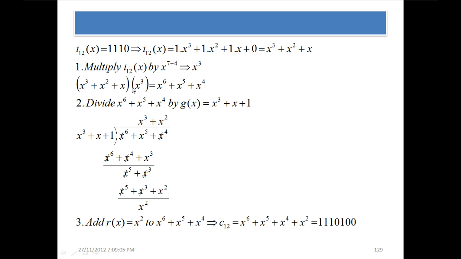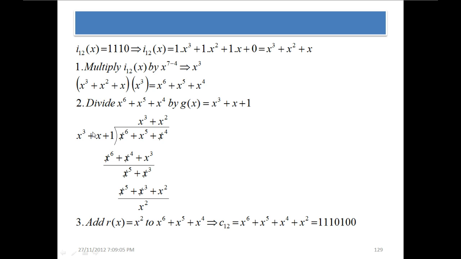Now for information bits 1110, the same procedure is followed. Again, we first convert 1110 into the polynomial form, which is x cube plus x square plus x, then multiply it by x cube, and the result is x raised to the power 6 plus x raised to the power 5 plus x raised to the power 4. And then we have to divide this term by x cube plus x plus 1.